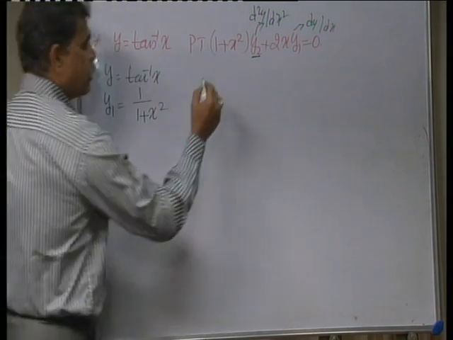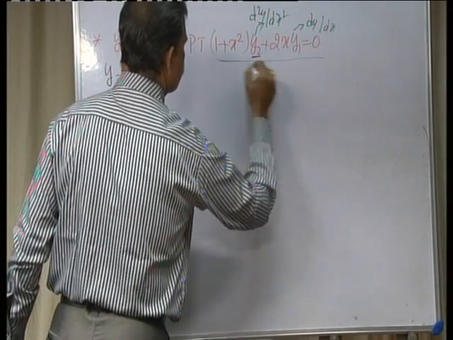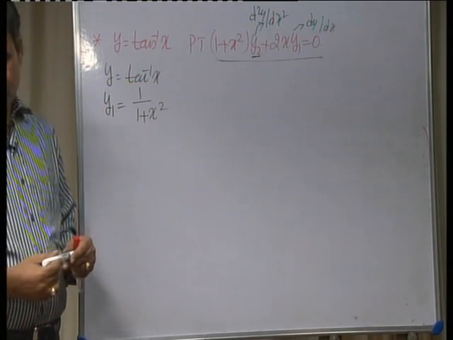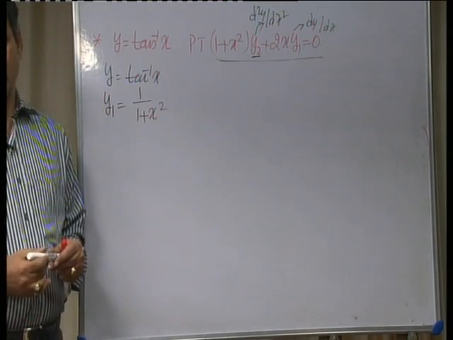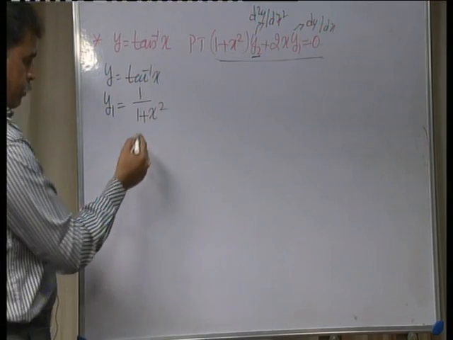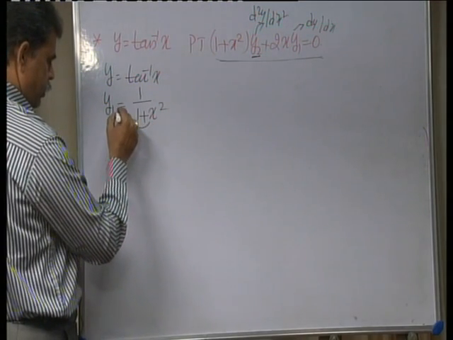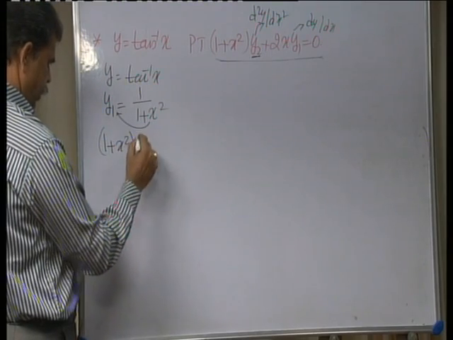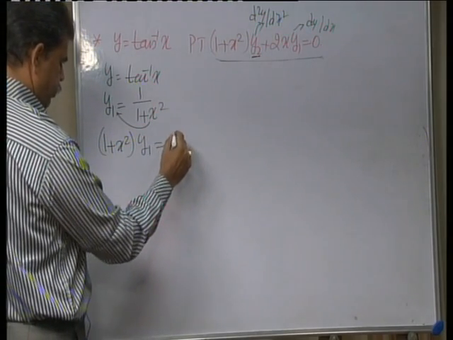The answer is in equation form. That is why we have to take the derivative in equation form only, by cross multiplying to this side: 1 plus x square into y1 is equal to 1.